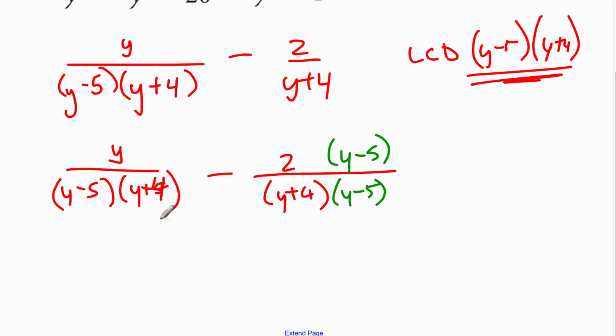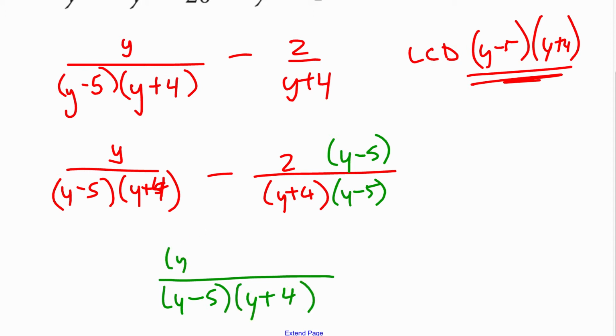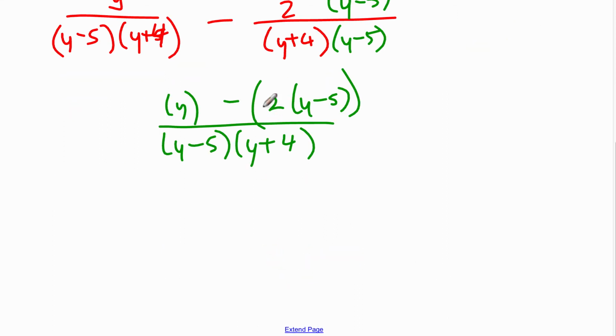So now that both have the same denominator, I can write one denominator, y minus 5, y plus 4. On the top I've got a y minus 2 times y minus 5. Notice that I put that in brackets. Maybe I didn't need to, but I've got to remember that this minus 2 out front has to be multiplied by both things inside there.